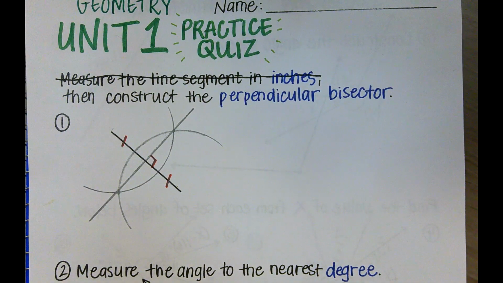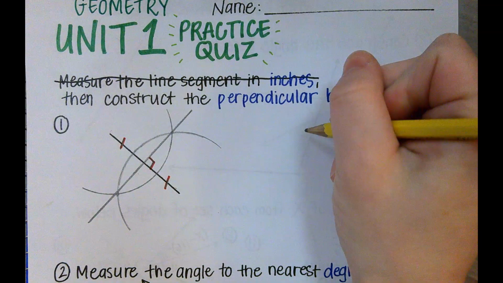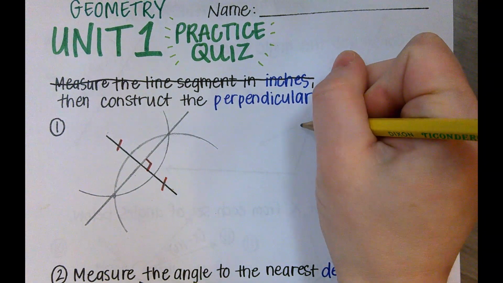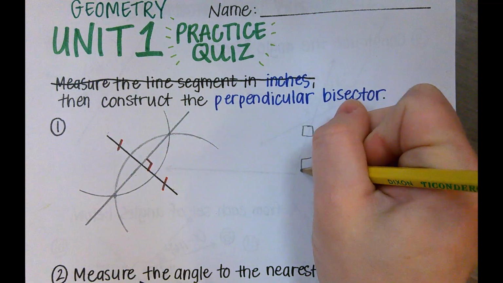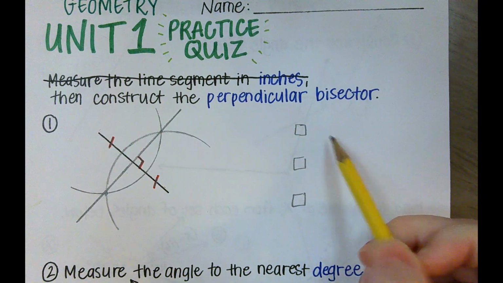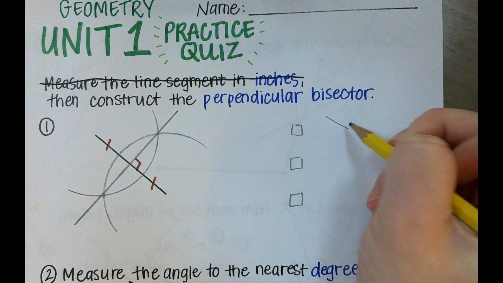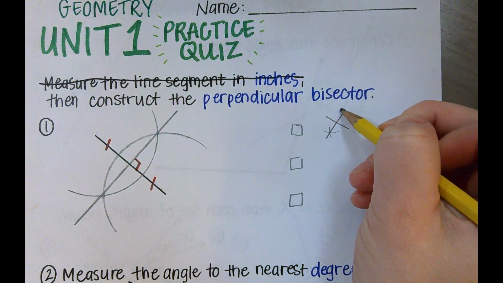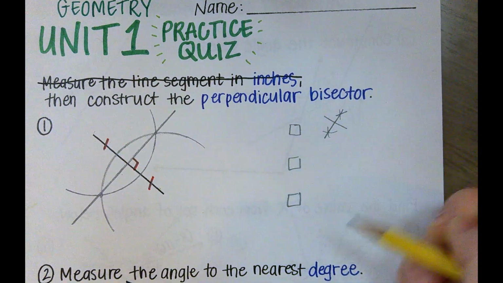And if you want to create a little checklist for yourself, this part is optional. There are 3 points that I'm looking for whenever I grade this. The first thing I'm looking for is that your line actually goes through those intersections evenly.